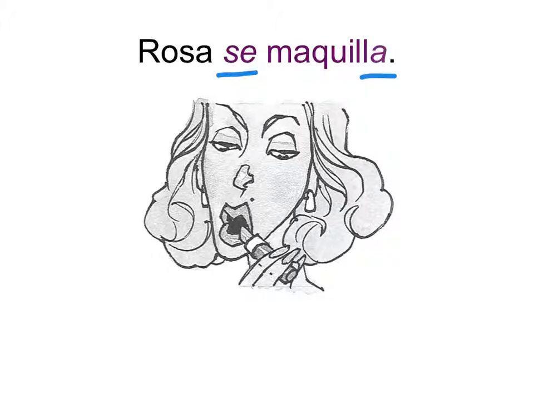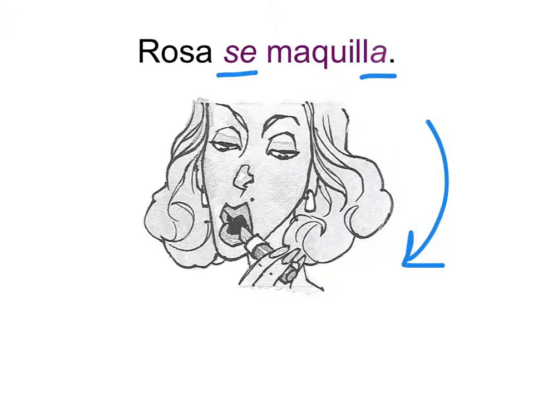No, because why? You're not doing it to yourself, or she's not doing it to herself, or they aren't doing it to themselves. We can talk about it in other forms besides the yo form. But Rosa, who's she putting on makeup to? Herself. And we can tell because of the picture, but we can also tell without a picture. How?